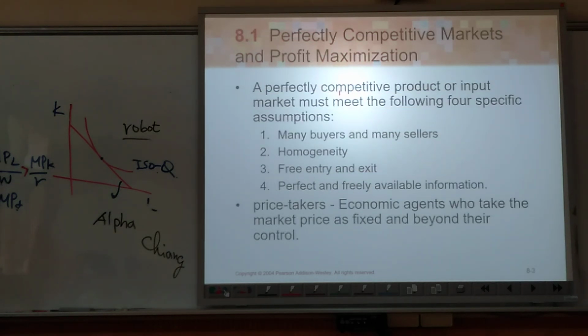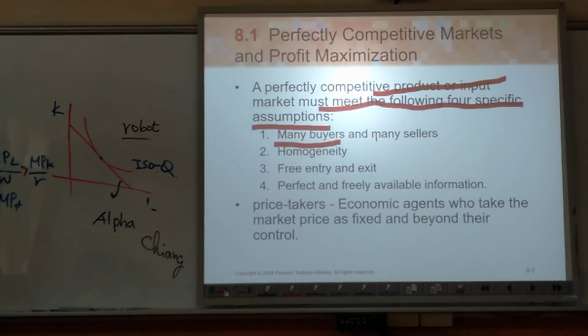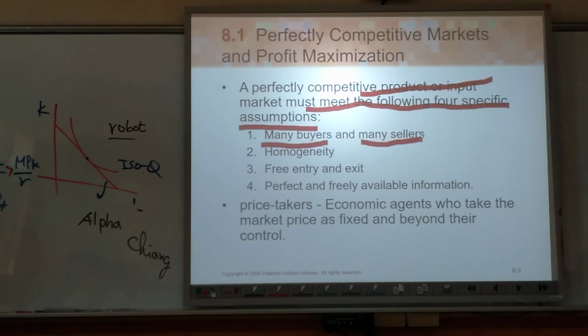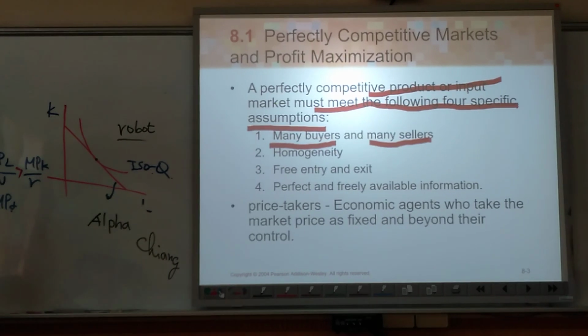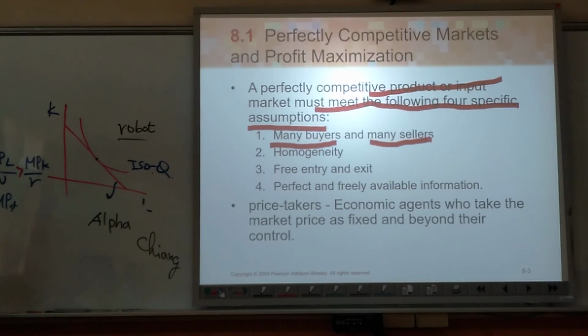A perfectly competitive product or input market must meet the following 4 specific assumptions. First of all, there have to be many buyers and many sellers. So, Zhang Zhewei, can you tell me one example of a market that has many buyers and many sellers?